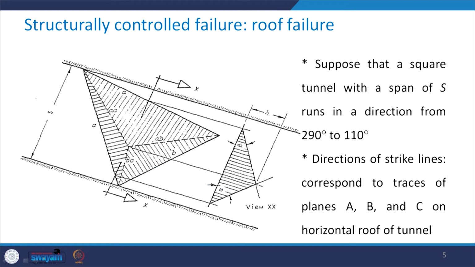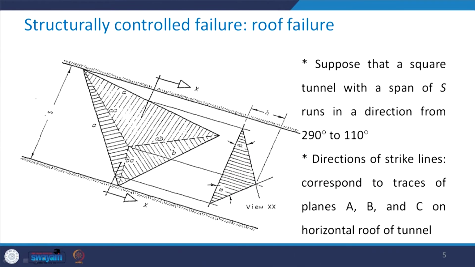Now, say there is a square tunnel with a span of S and it runs in a direction from 290 degrees to 110 degrees. Here you see the span S of the tunnel has been shown. This is the plan. Now, the directions of these strike lines will correspond to the traces of planes A, B and C on the horizontal roof of the tunnel.